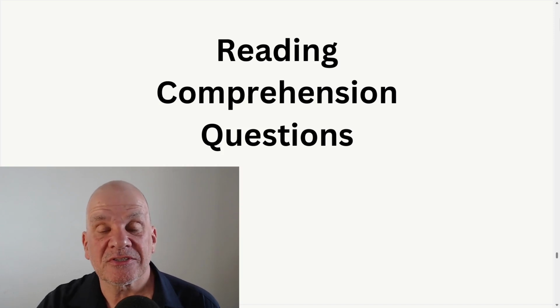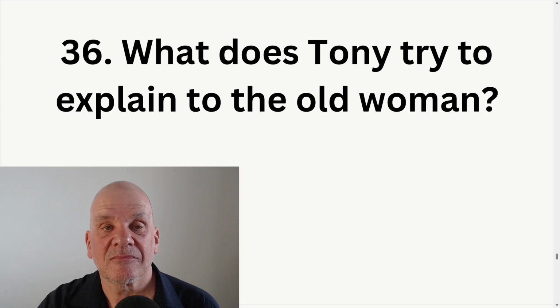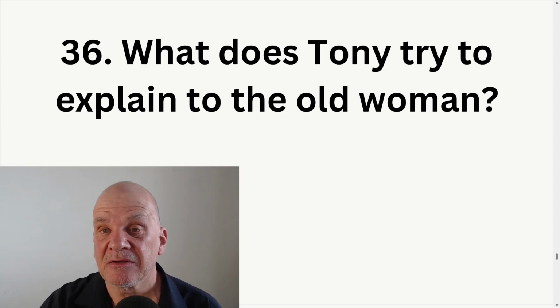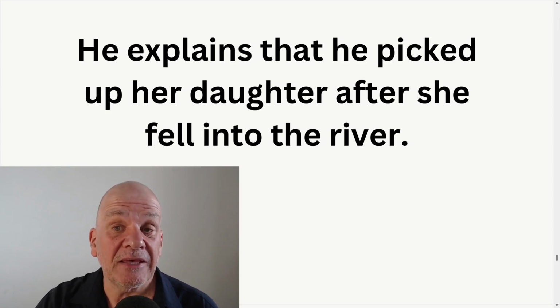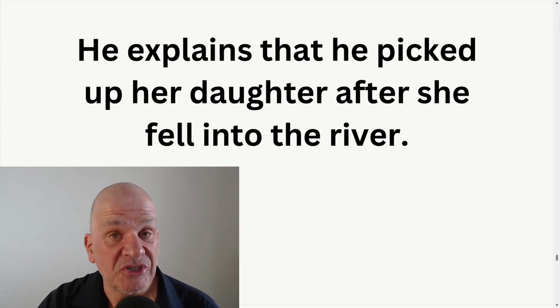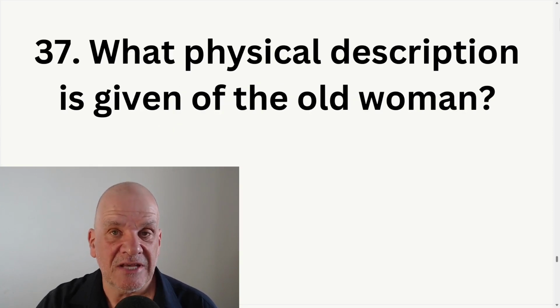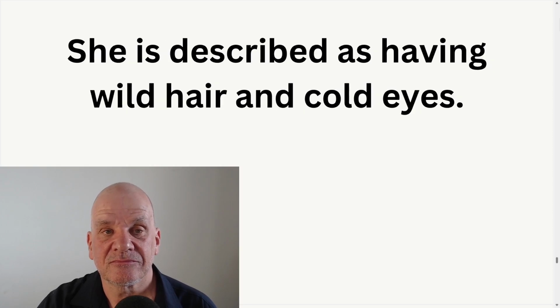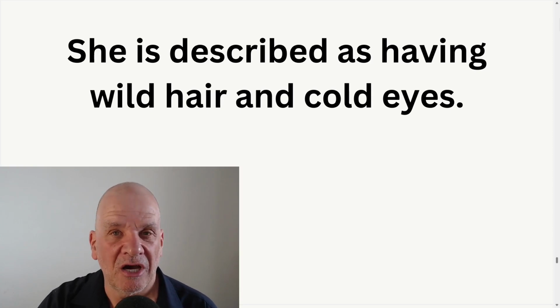Reading comprehension questions. 36. What does Tony try to explain to the old woman? He explains that he picked up her daughter after she fell into the river. 37. What physical description is given of the old woman? She is described as having wild hair and cold eyes. 38.